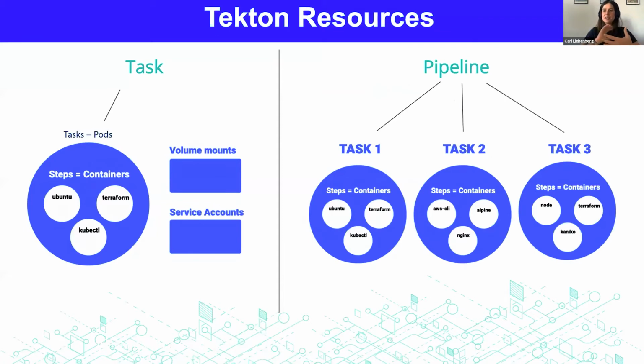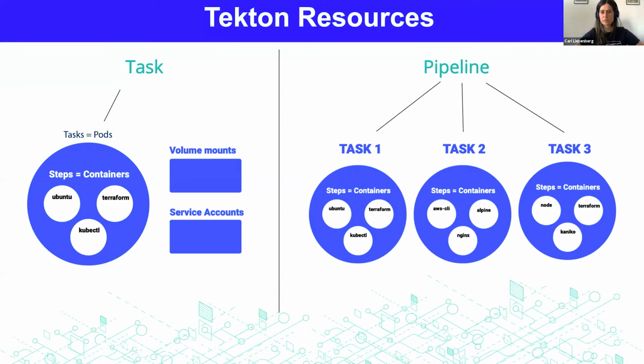So just to visualize quickly, I've been saying a lot about pods and containers. Your task runs as a pod on Kubernetes, like a job actually, because it goes up and down. So if you think of it as running as a job that equates into a pod, it leverages all the normal Kubernetes behavior. You can set up volume mounts in your task. You can set up service accounts. You can also use config maps and secrets.